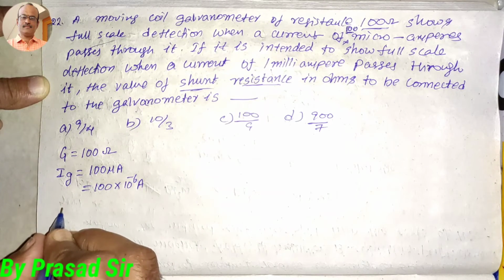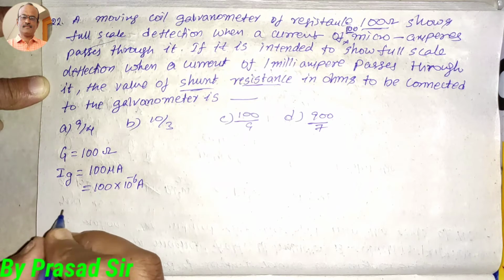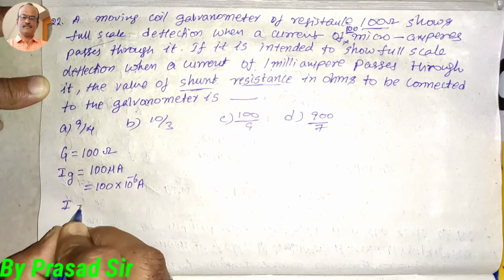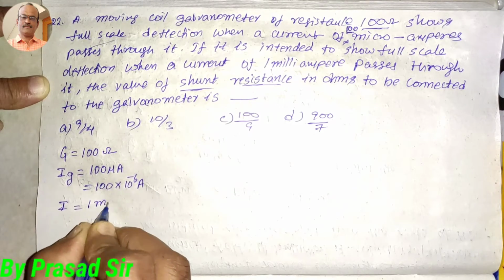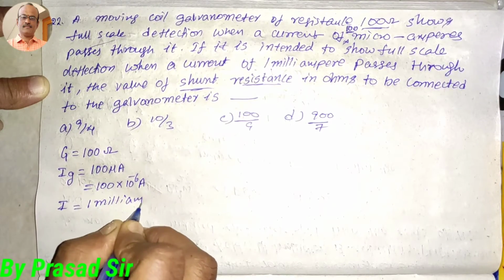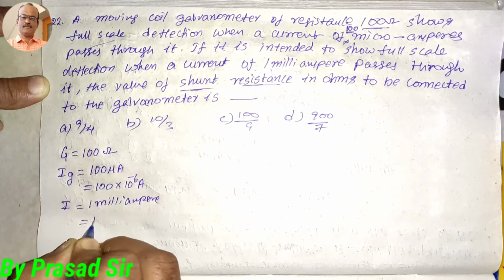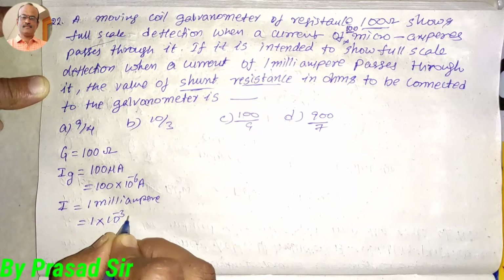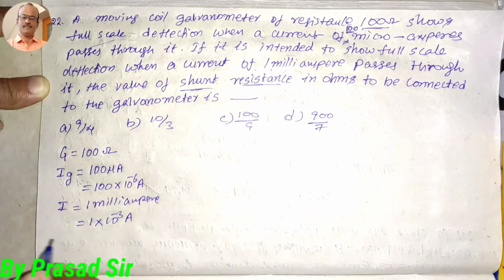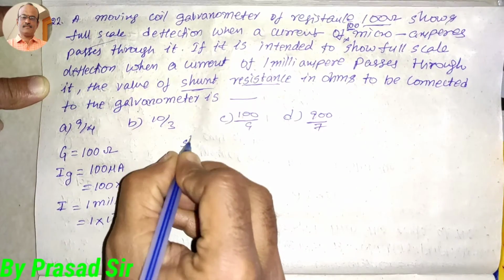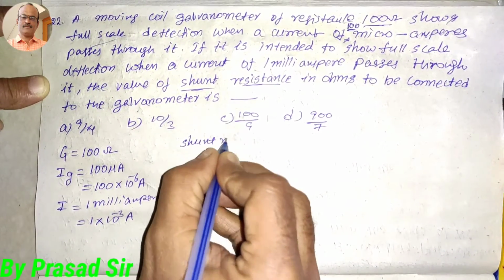When the current is 1 milliampere, which is 1 into 10 to the power of minus 3 amperes, how much shunt is needed? We want to calculate the shunt resistance.